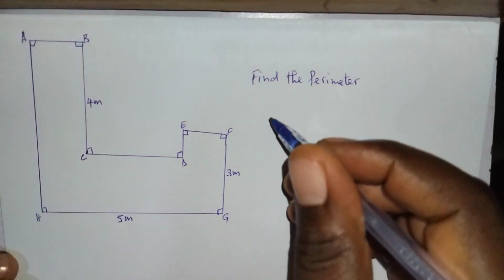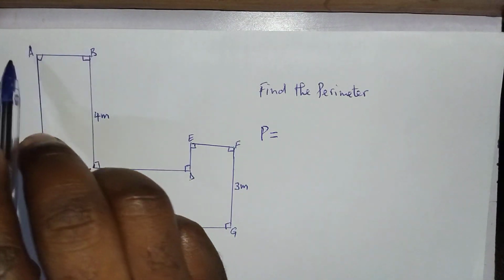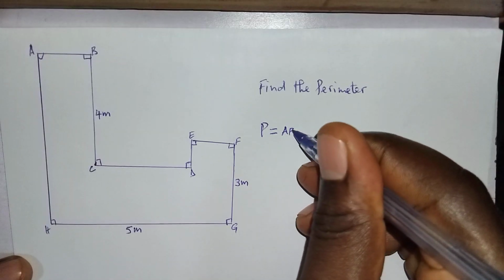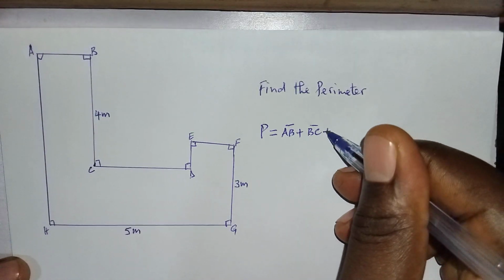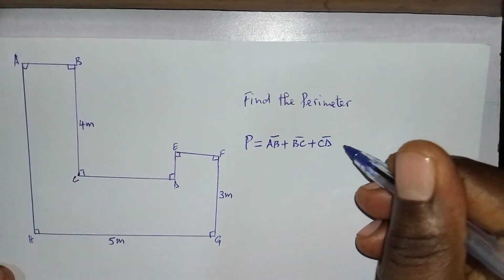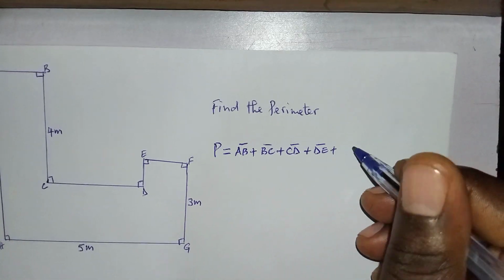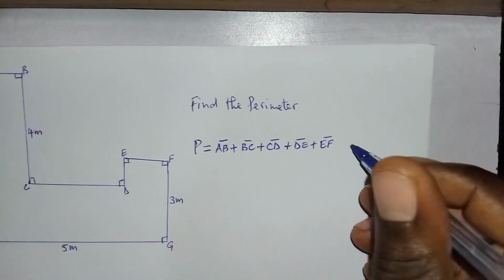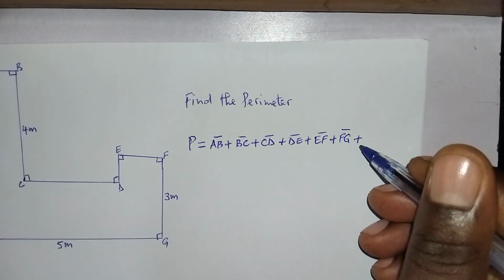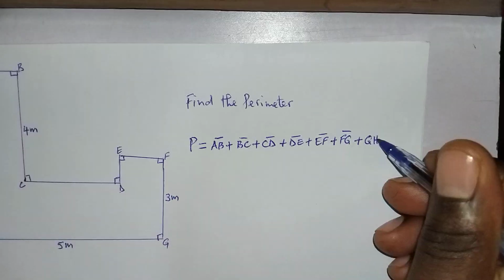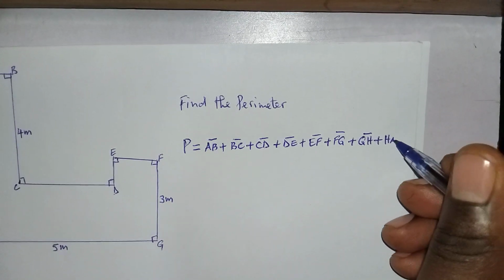Let's find the perimeter. Perimeter is equal to side AB plus side BC plus side CD plus side DE plus side EF plus side FG plus side GH and plus HA.